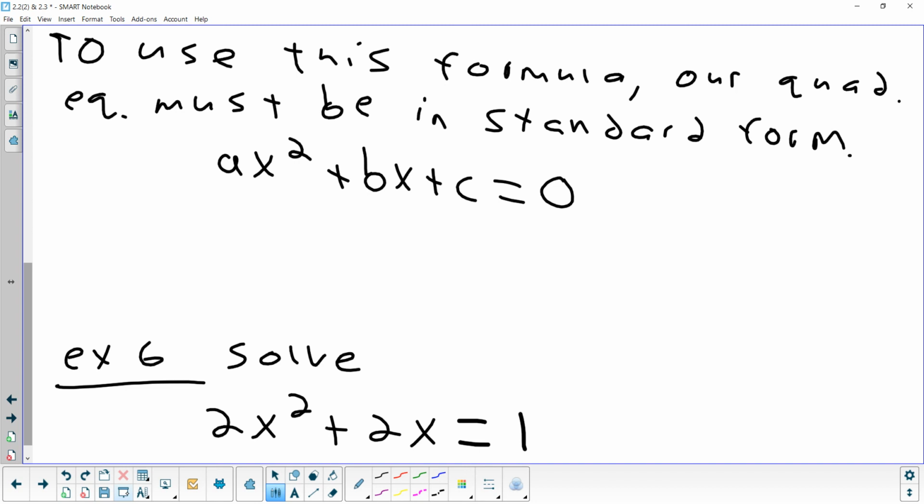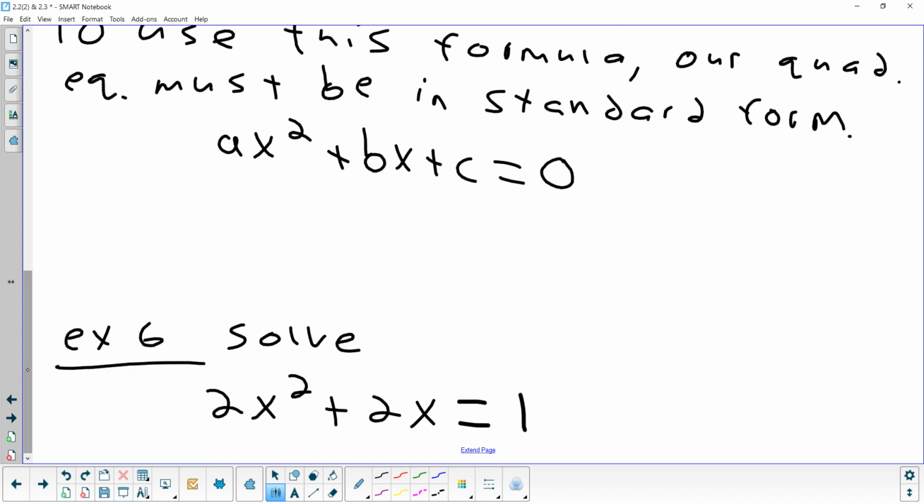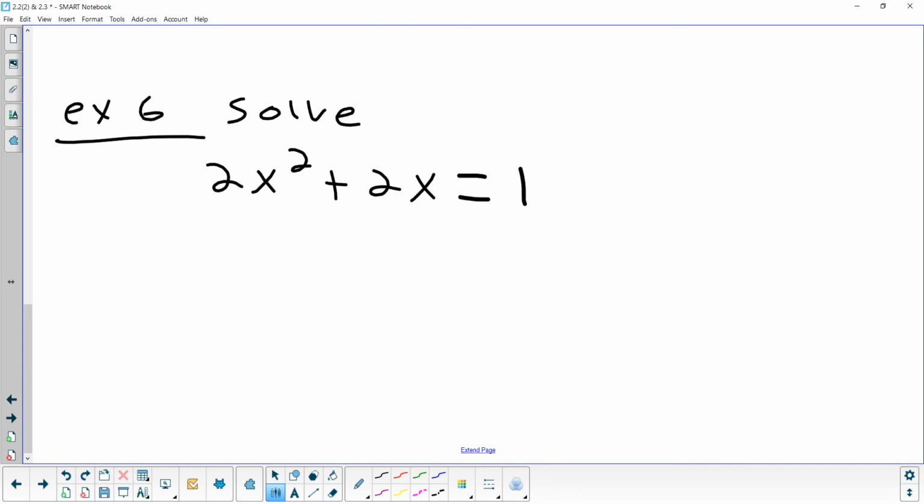So, what's the first thing I should do with this one if I'm going to attempt to solve it with the quadratic formula? Yes, Jack? Subtract 1. Yeah, let's subtract 1. We don't want to accidentally think c equals 1 because c is not 1. And then off to the side, I'll write down a, b, and c.